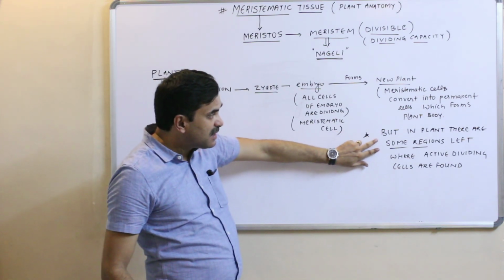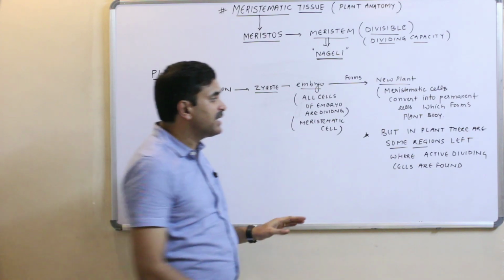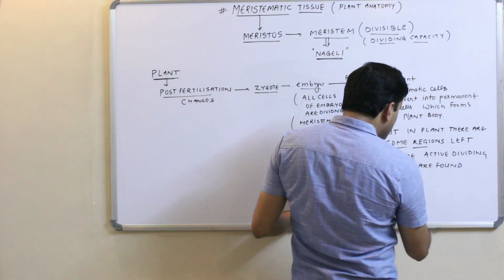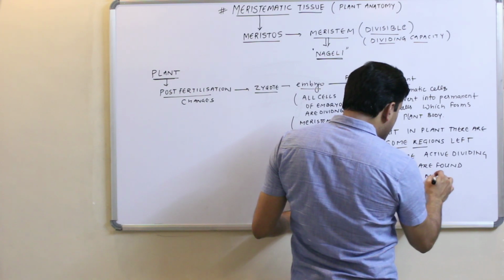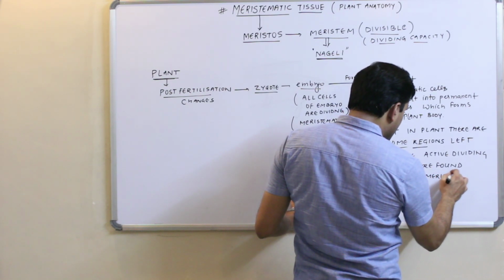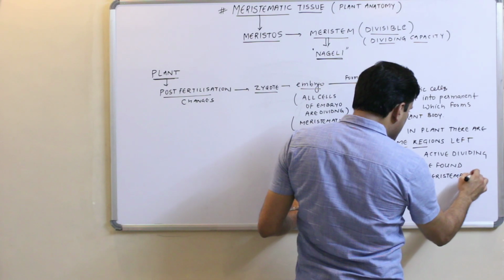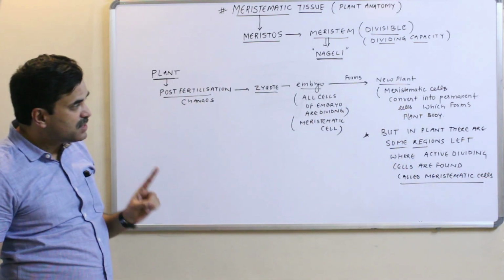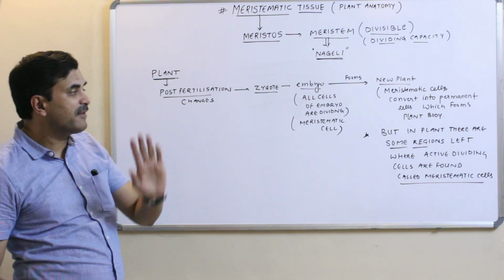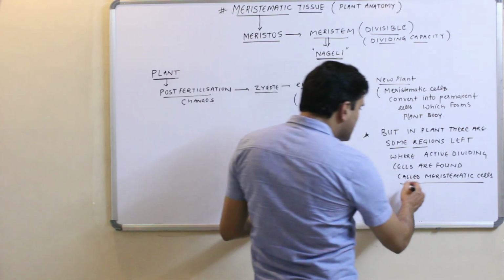But there are some regions left where active dividing cells are found, called meristematic cells.